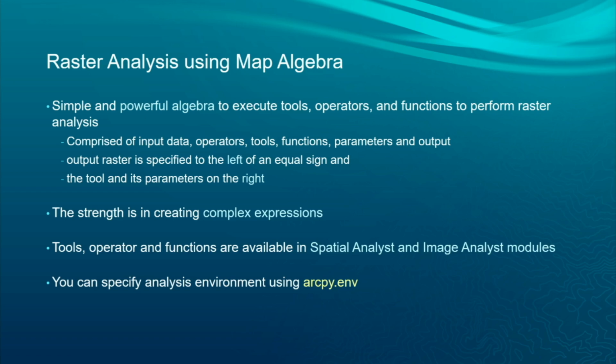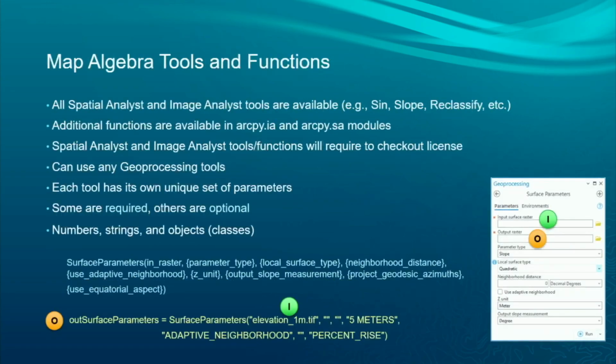All these tools, operators, and functions are in the Spatial Analyst and Image Analyst modules, and you can specify the analysis environment using arcpy.env. Environment is important when you are performing analysis, especially raster analysis. Never ignore it.